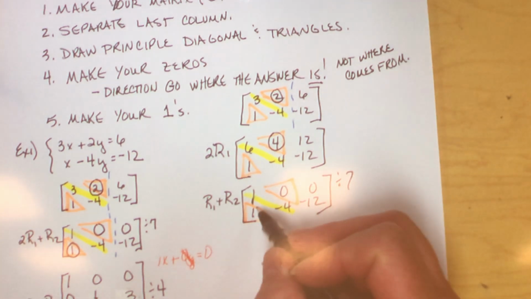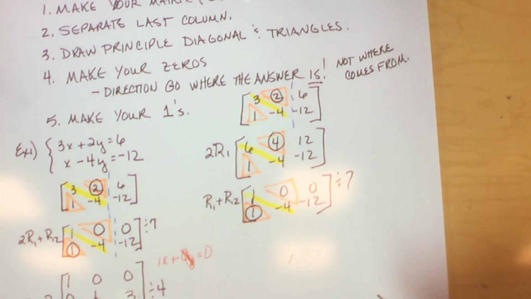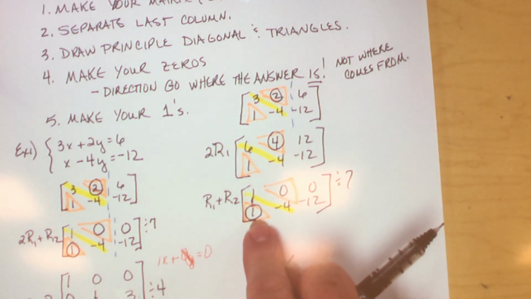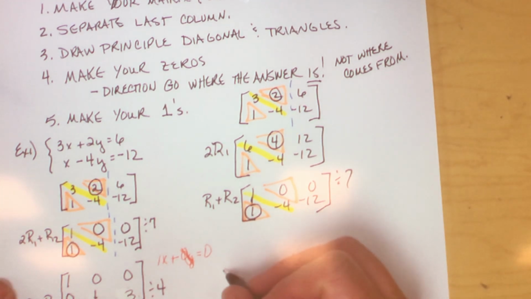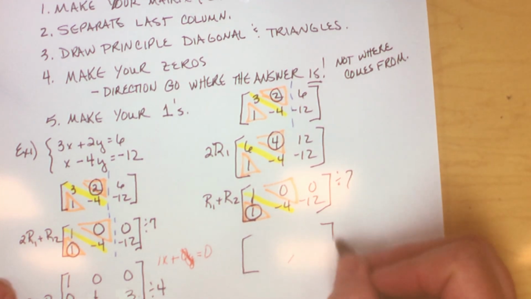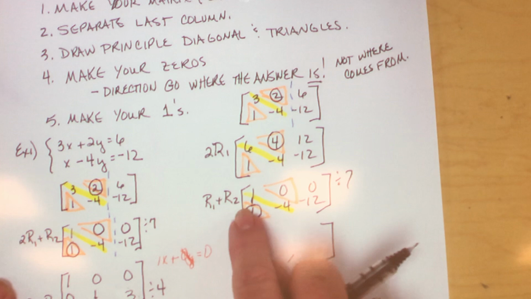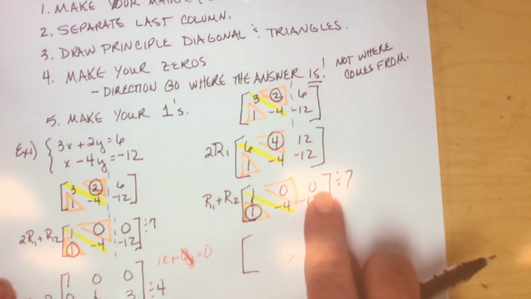Okay? Now I'm gonna make this guy a 0. Well, I need to multiply one of these by negative 1. Y'all multiplied row 2 by negative 1. So I'll do the same thing. Now look, is there anything wrong with row 1? I love row 1. He tells me the answer. He said, hey guys, x is 0, x is 0.